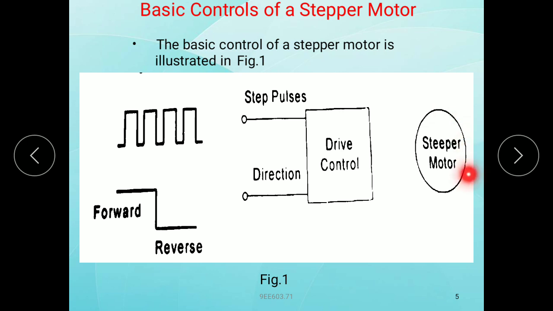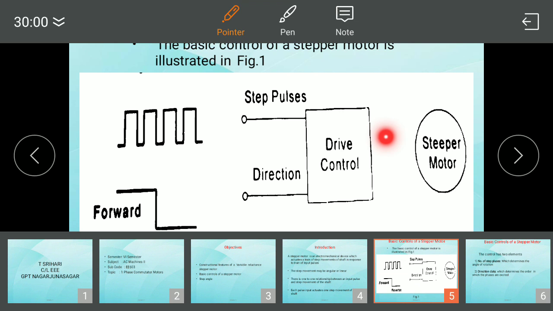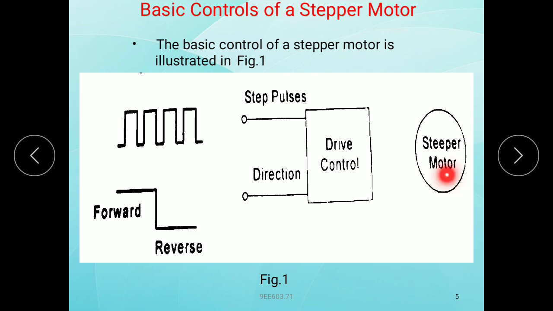It cannot move fast. So this is the stepper motor, which gives the mechanical output. This motor's output is controlled by the drive control. So this drive control gets the input from the step pulses and the direction terminals.